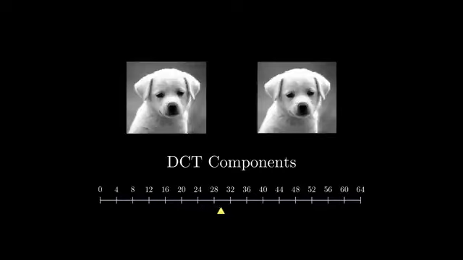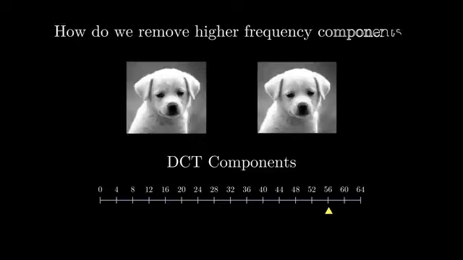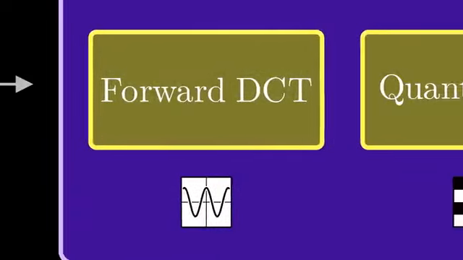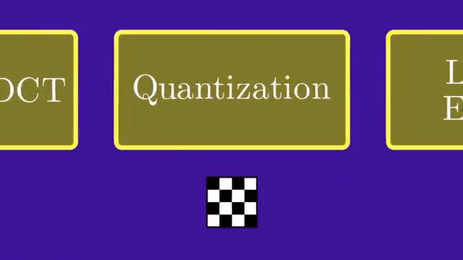Almost all the blocks are composed of the lowest frequency components, and we are generally less sensitive to changes in high frequency details. So at this point, we know we can eliminate higher frequency components from the DCT. But the next natural question is how we actually do this. The process for eliminating higher frequency components in JPEG is called quantization.